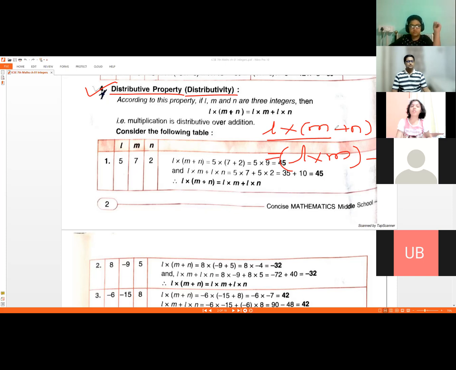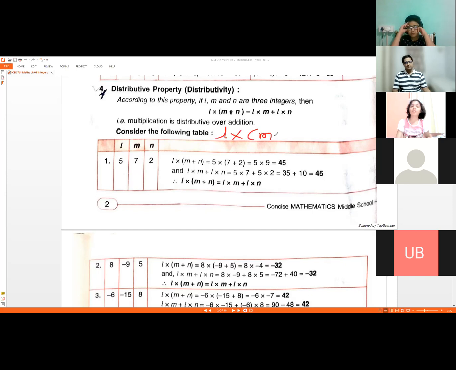No, sir. Okay, let me give one more example, then you will understand. So what is the distributive property? L into (M plus N) is equal to L into M plus L into N. Now I have made it minus: L into (M minus N).